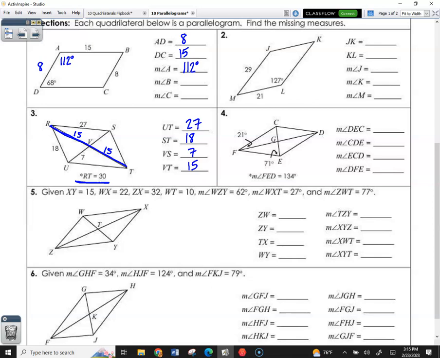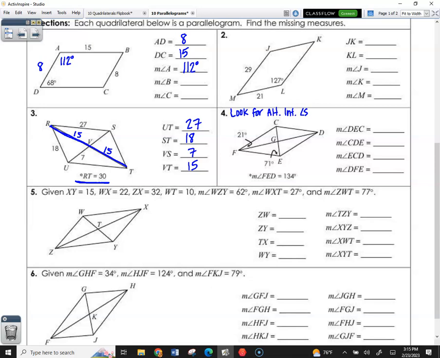Number 4, we are talking about angles. You've got to be careful here. The diagonals are drawn, which means look for what? Alternate interior angles. They are here. It might actually be easier to go ahead and find them and label what you can.